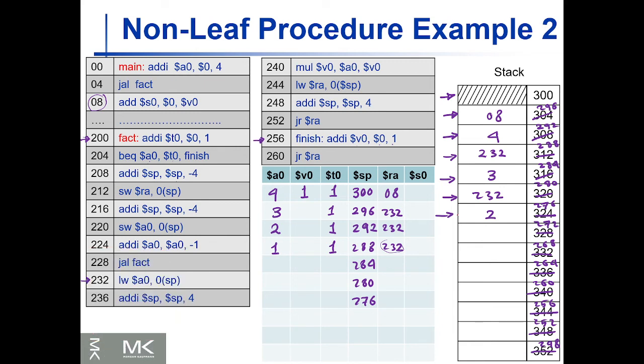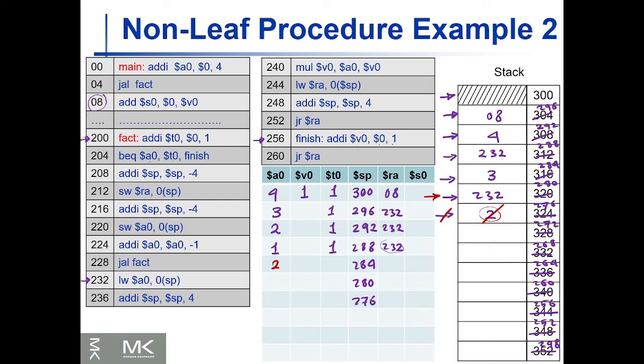So we stopped here, so SB is equal to 276. This one here. So we're gonna read this value into A0, 2. Then we're gonna add 4. So now this can be considered the free location, can be overwritten.